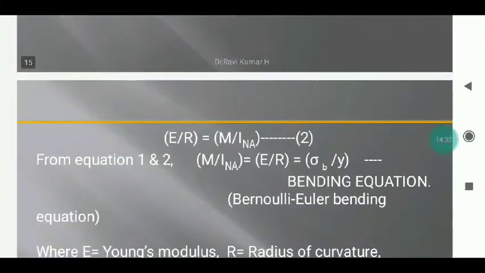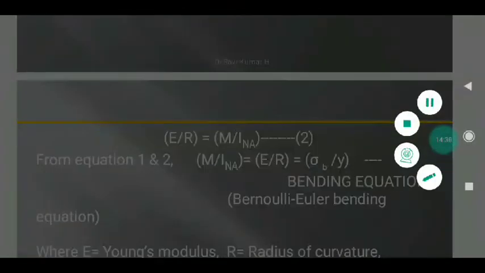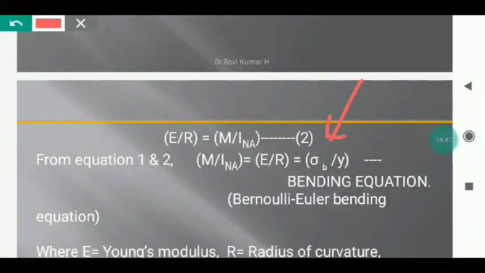Finally we get the bending equation: M by I is equal to E by R is equal to the bending stress by y. This equation is called the Bernoulli equation. As part of your syllabus, you have to remember the equation for numerical problems.